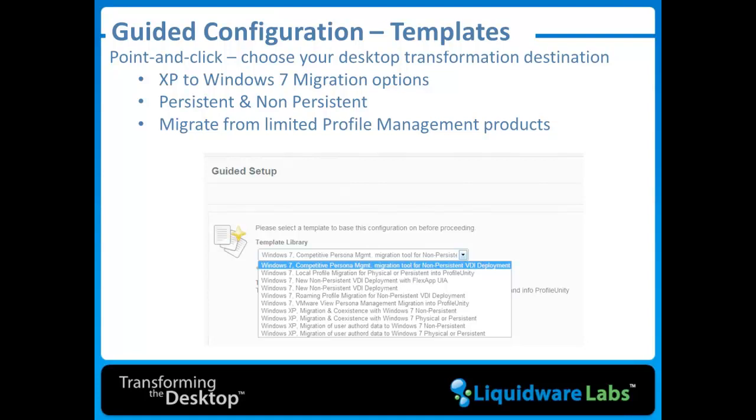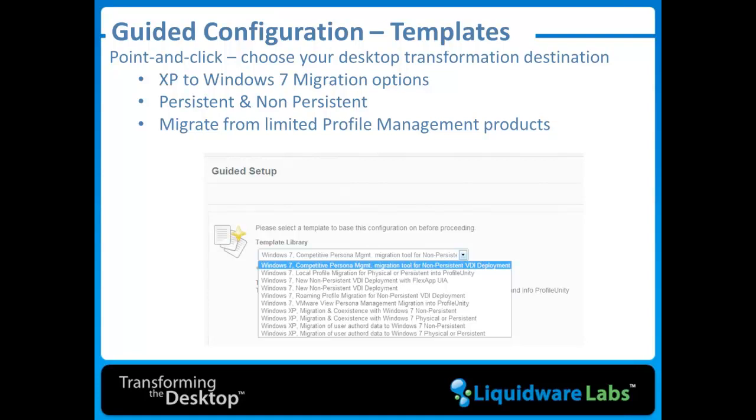So now you can pick and choose from a long list of configurations of ProfileUnity, which a configuration deals with what gets redirected, what parts of the profile get made portable. So now you get to pick and choose from what kind of desktop environment most closely matches your own.